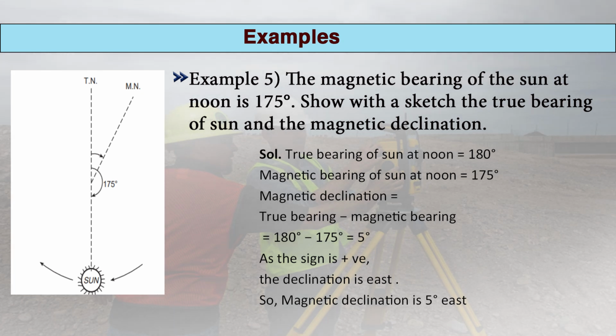So, we calculate the magnetic declination, which is true bearing minus magnetic bearing. True bearing is 180 degree and magnetic bearing is 175 degree. Subtracting, we get 5 degree. As the sign is positive, the declination will be east. So, the magnetic declination will be 5 degree east.